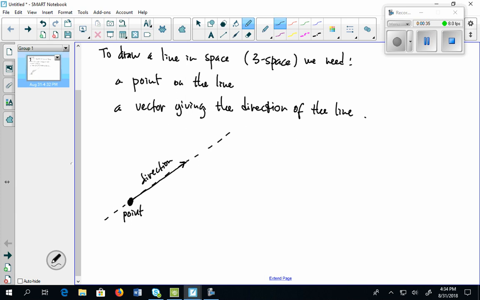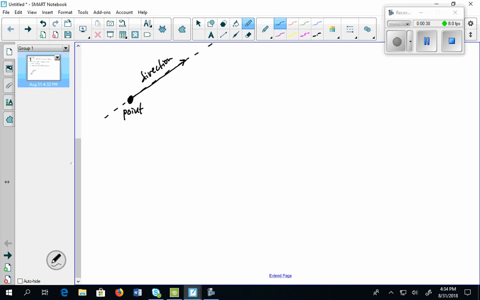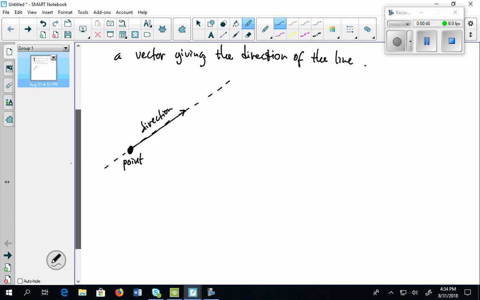Now let's start again. I'm going to draw another little line here. This time we're going to put more information on it. I'll call that line L. So I need a point on the line again. So here's my point. And I need a vector. There we go, pointing in the direction we want along the line.